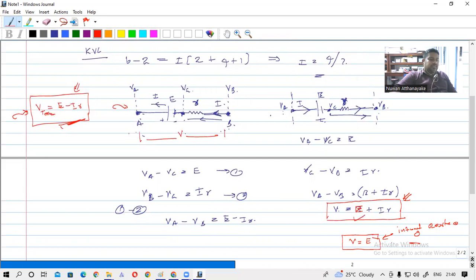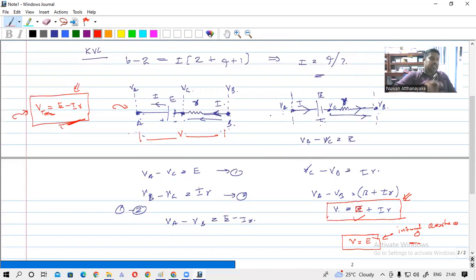So you can see that if the internal resistance is not there, when the battery is given a current, there is no voltage drop. This voltage drop happens due to the internal resistance. So practically every battery has an internal resistance.